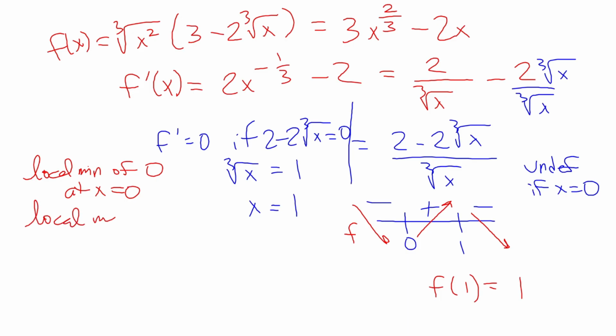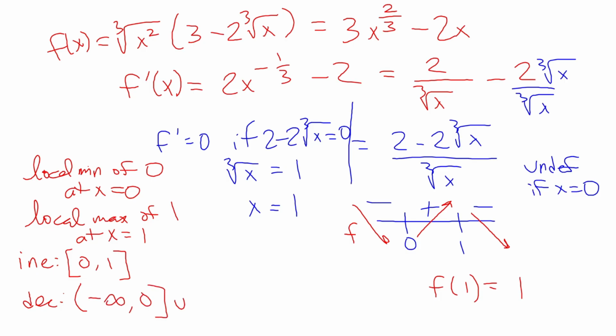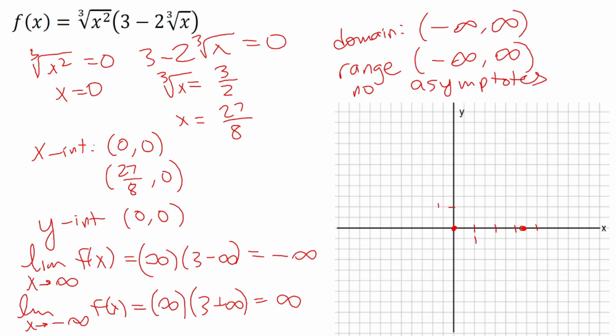We've got a local max of 1 at x equals 1. And we are increasing from 0 to 1 and decreasing from negative infinity to 0. And then again from 1 to infinity. And we'll plot that point 1, 1 on our graph.